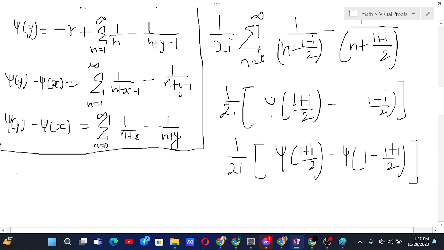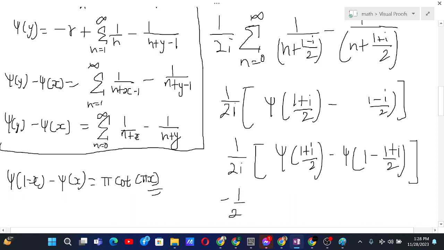Now we have a reflection formula in the digamma function, that digamma of 1 minus x minus digamma of x is just pi cot pi x. If we use that, we first have to change the sign and change the order as well.